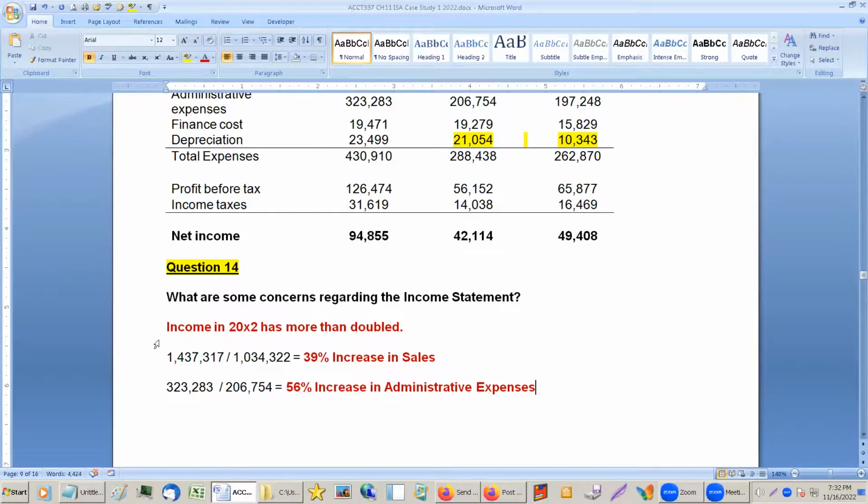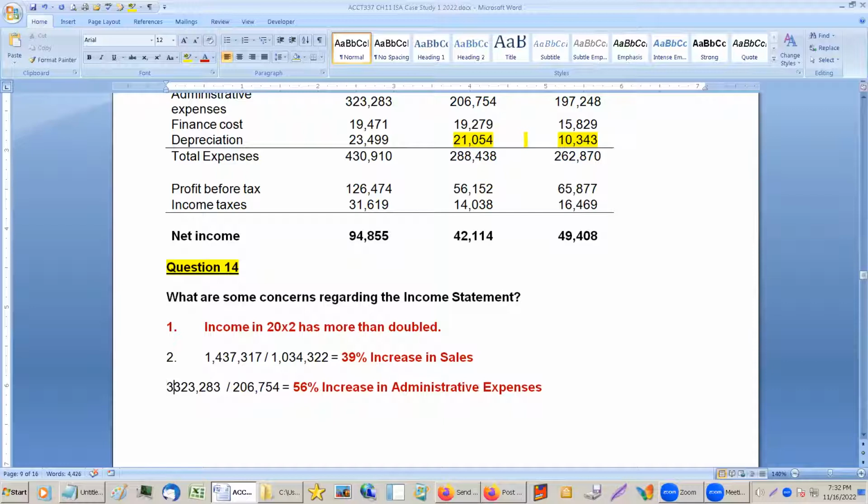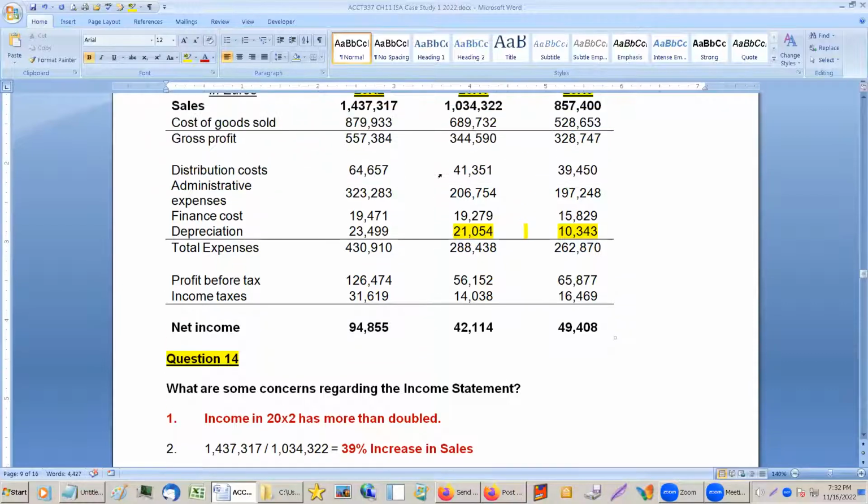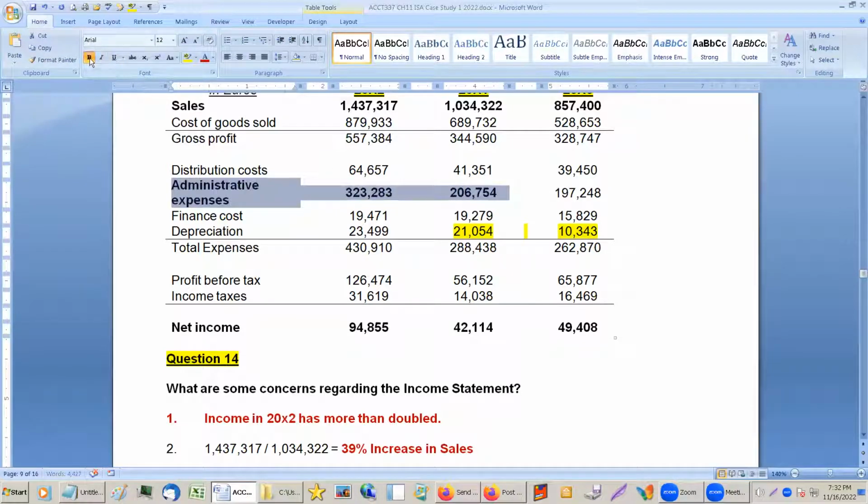So these are kind of things that would jump out at you. Income more than doubled, definitely. Sales are increasing by huge amounts. Administrative expenses. I don't think did we read anything on the administrative expenses that caused them to jump from about 200,000 to 300 and something?